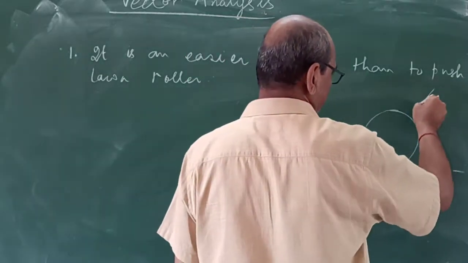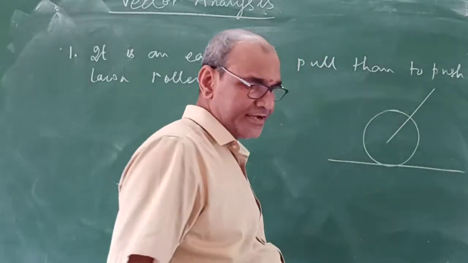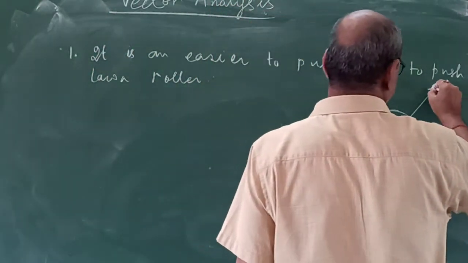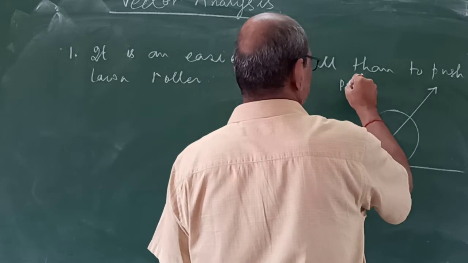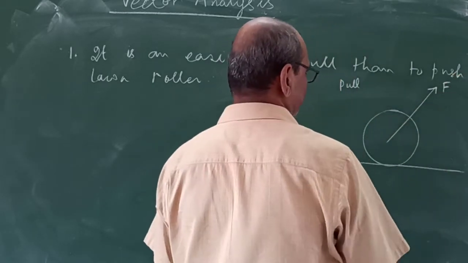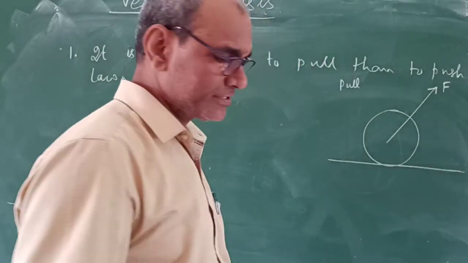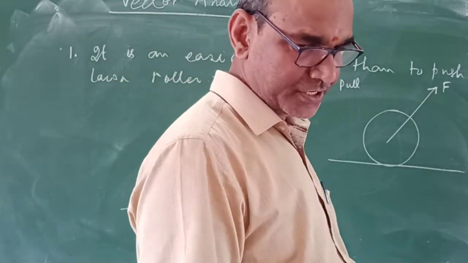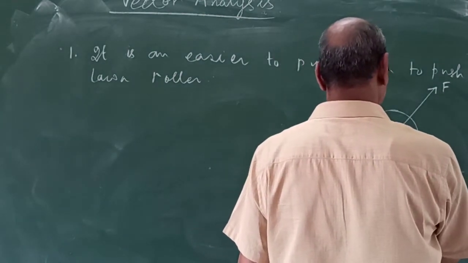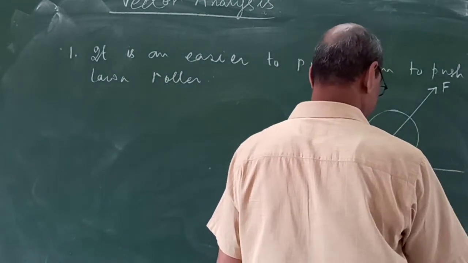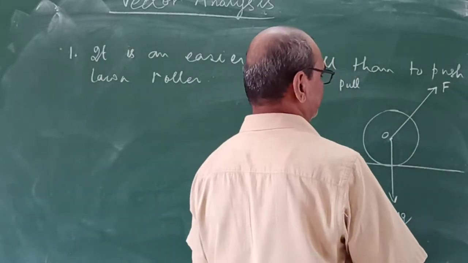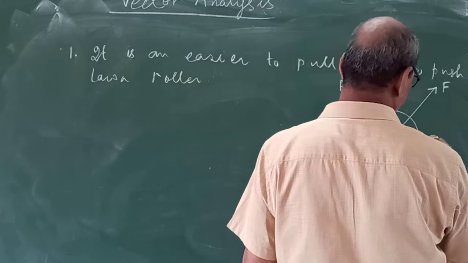Now you apply a pull with a force F. Now we resolve this one force into two components. The force due to weight acts in the downward direction of the roller. Now resolve F into two components.